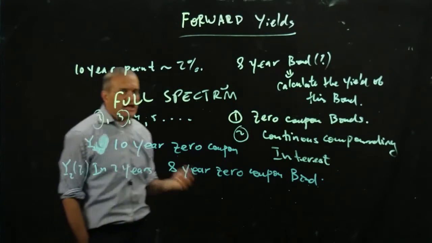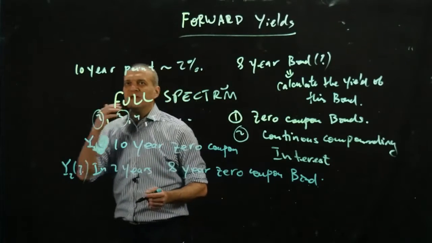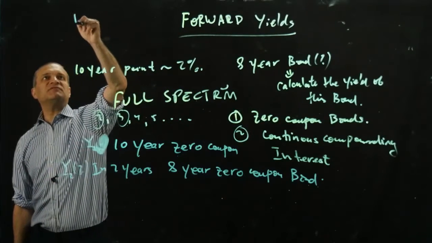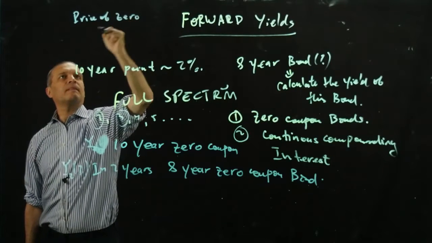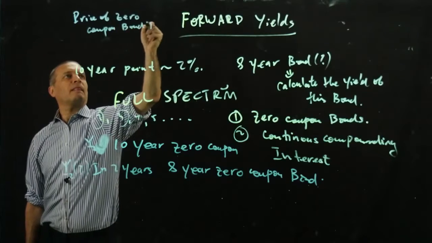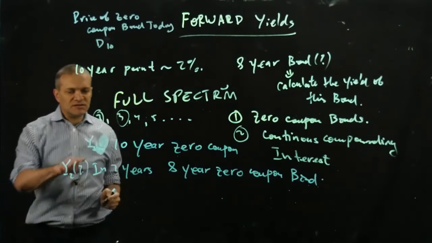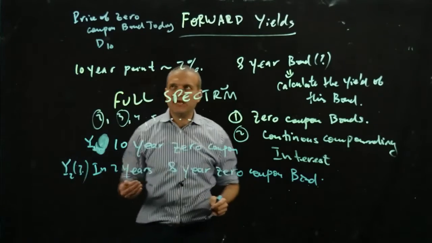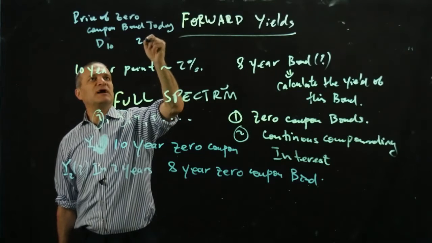Now, the calculation itself is actually pretty straightforward. Why? Because if you know the price of a zero coupon bond today, and let's say this is D10, the price of a 10-year zero coupon bond today, you can actually price it 2 years from now.